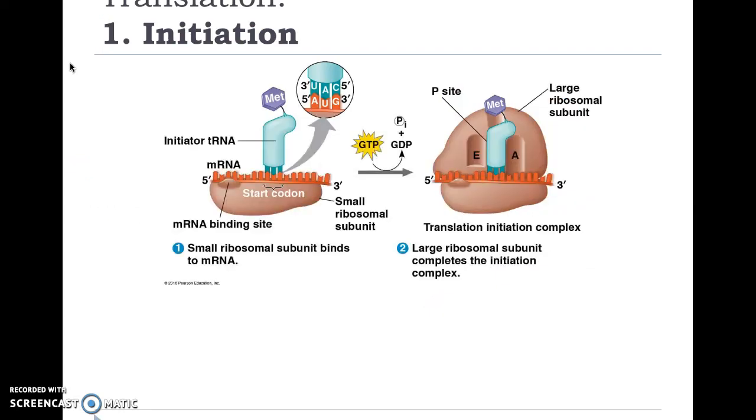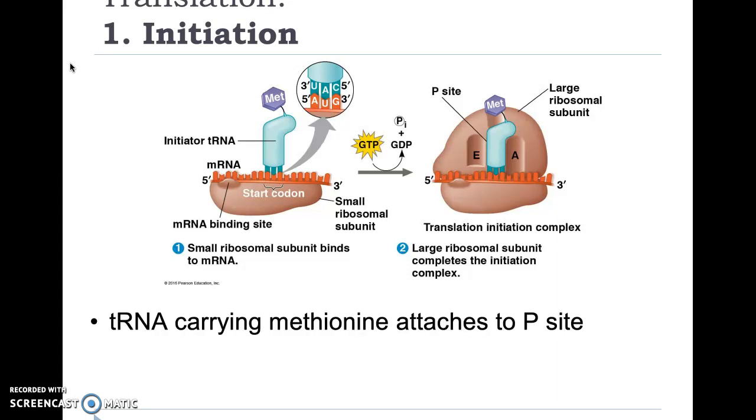Similar to transcription having 3 steps, translation also has 3 steps. The first step is known as initiation, and the beginning of initiation, again, building a polypeptide. It begins with the transfer RNA molecule attaching to the P site on the ribosome.